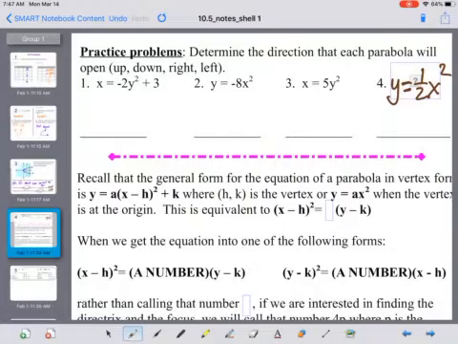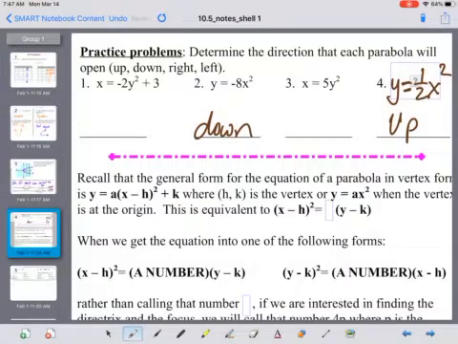So if you first recall, we're used to the ones that are y equals something x squared. So you're probably more used to something like number 4, which is an example that will open up. Number 2 is very similar to number 4, except it's got a negative in front of the x, which means it's going to open down.